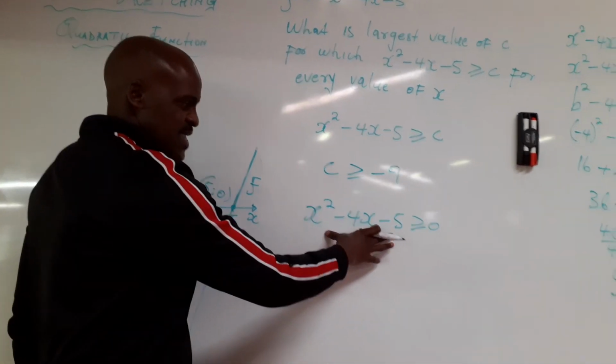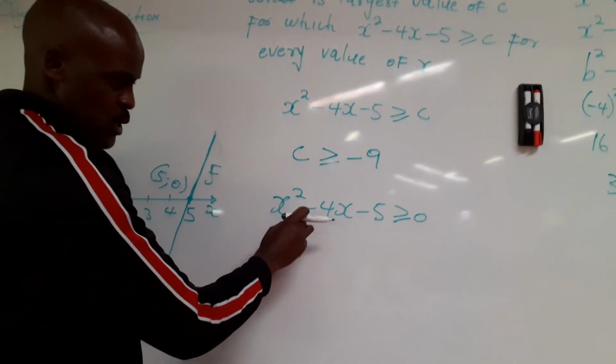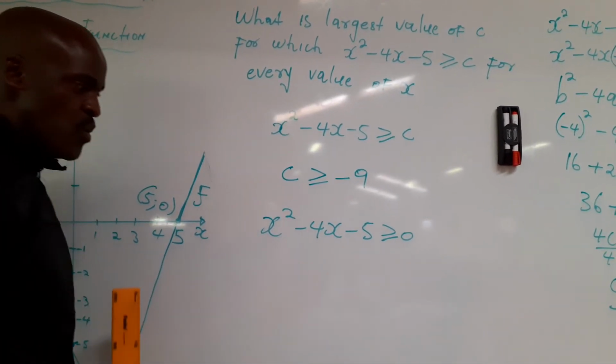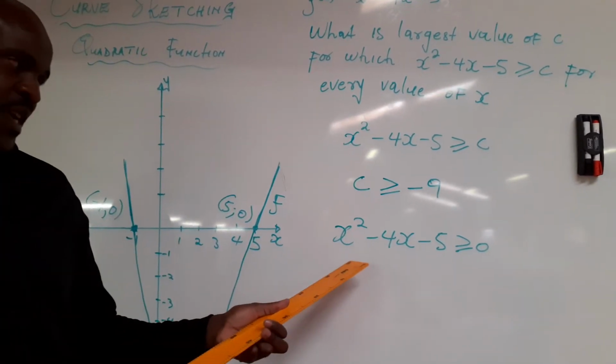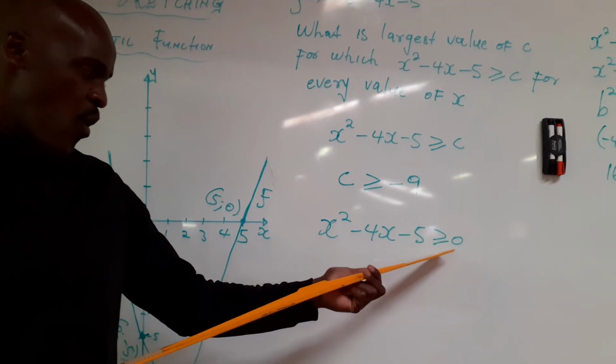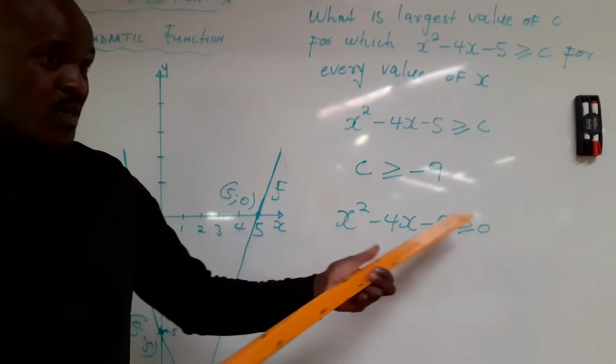Remember that this is our y. X squared minus 4x minus 5 is our y. So we are to find the values of x for which our y is positive or equal to 0.